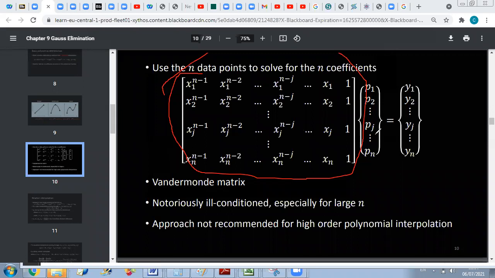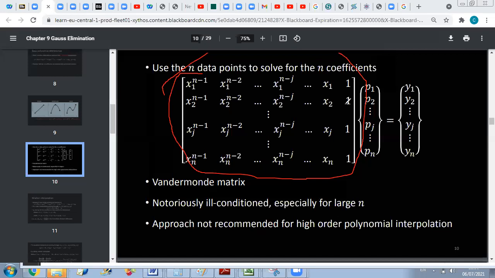This is why this approach, even if it's used, is not very recommended, especially for high order polynomial interpolation. So in general, in engineering courses, you use this method for linear or maximum quadratic interpolation, but you don't use it for very large n.